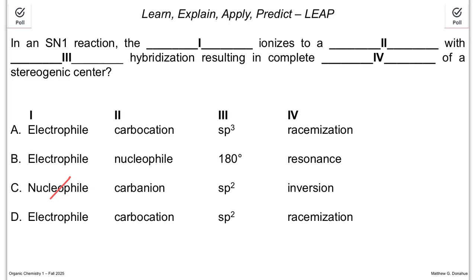That's a reactive intermediate that has to be a carbocation with sp2 hybridization that results in complete racemization. So the answer for this would be D. And so verbally, that's explaining the arrow pushing and then the outcome of the mechanism.